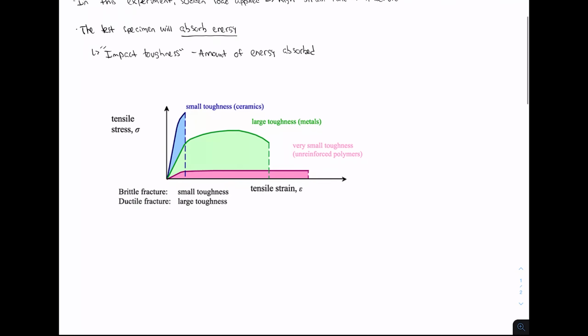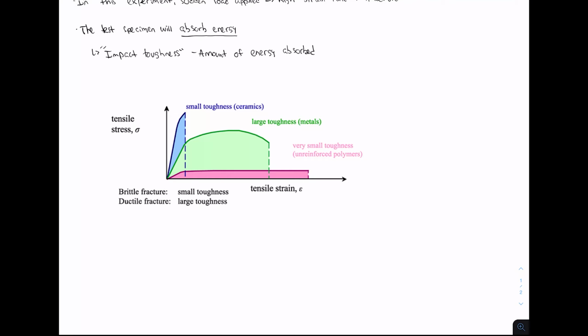So if we look at this graph, and we're looking at this pink specimen here, this polymer that's not reinforced, we see that because it's a polymer, it's going to have a lot of strain, but it's not going to be able to take a lot of stress.